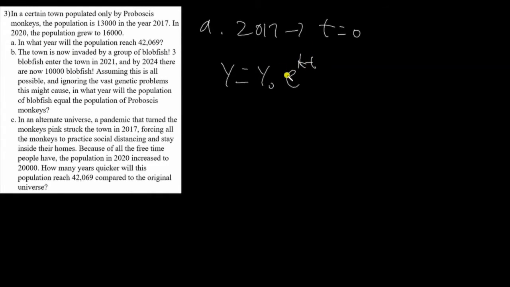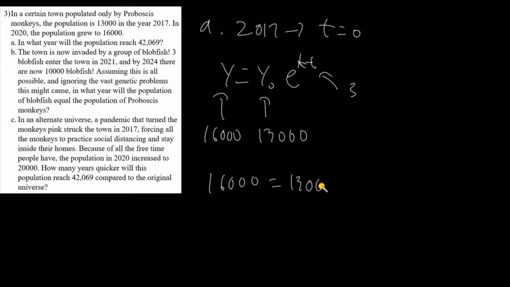We know the initial population is 13,000. We know that the final population is 16,000. And what is t? Well, in 2020, that's 3 years from 2017, so t is 3. So that gives us 16,000 equals 13,000 e to the 3k.